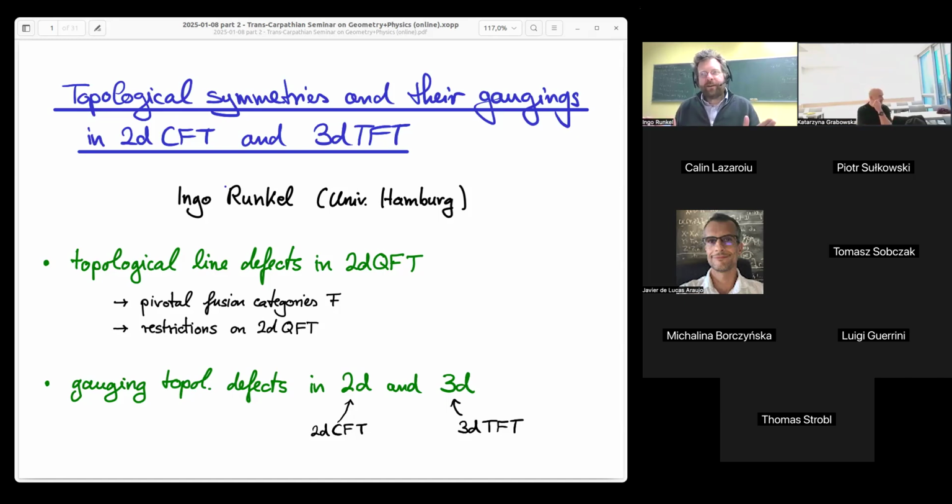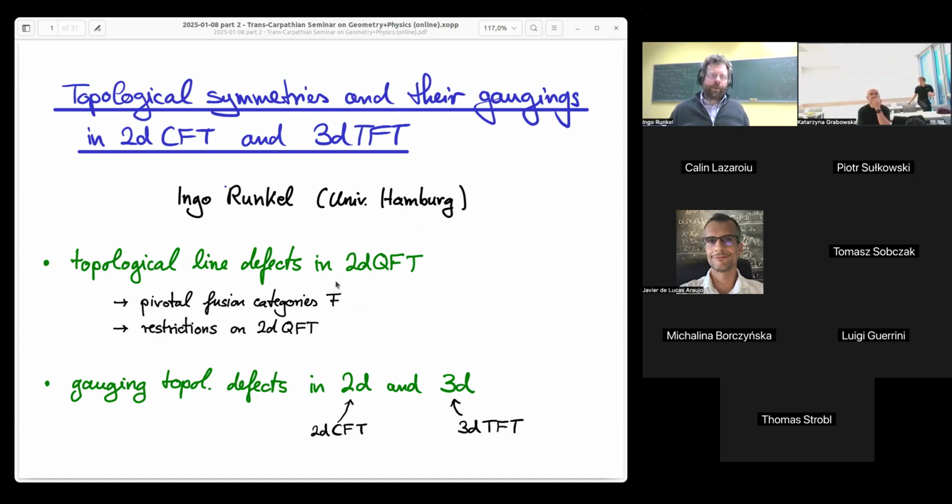So that's the second part. The second part is, as I say, a slide talk, and I will not focus on a specific model, but I'll try to make maybe more global statements. I still, however, want to talk about line defects in two-dimensional quantum field theory, how they relate to certain categories and how they can tell you something about these quantum field theories.